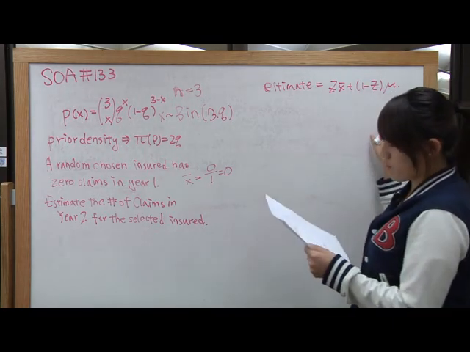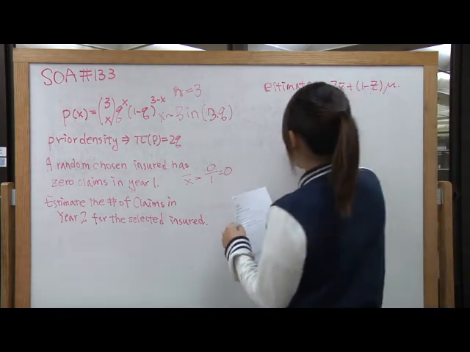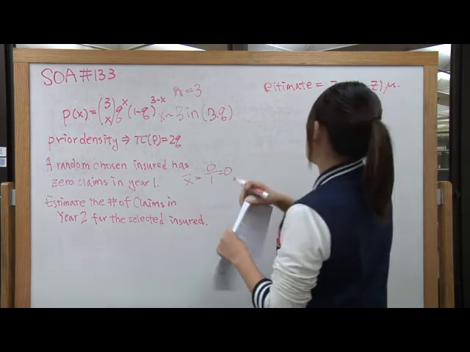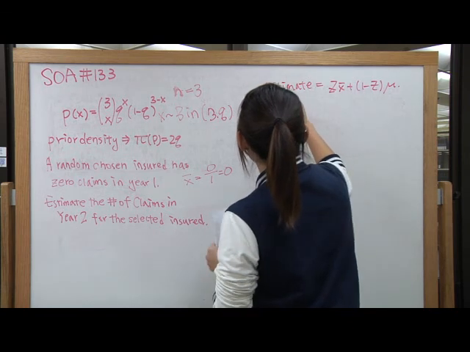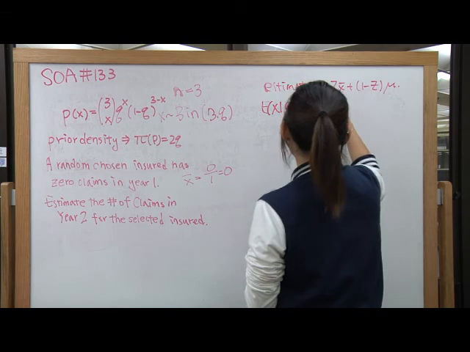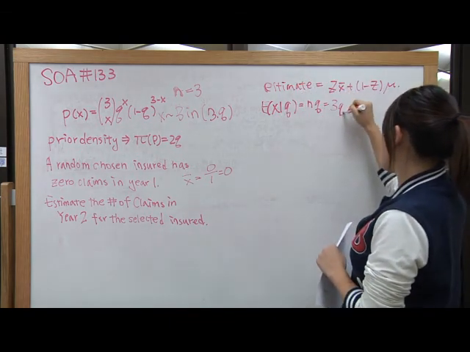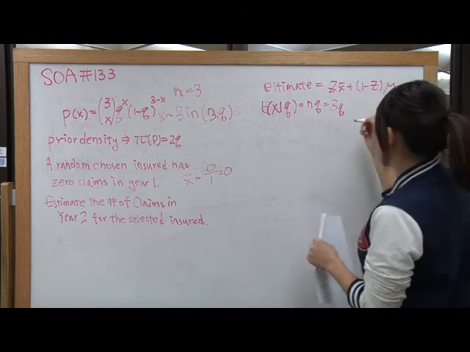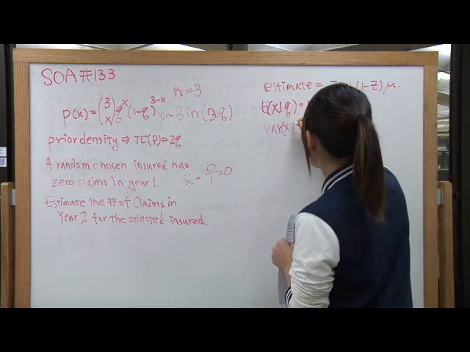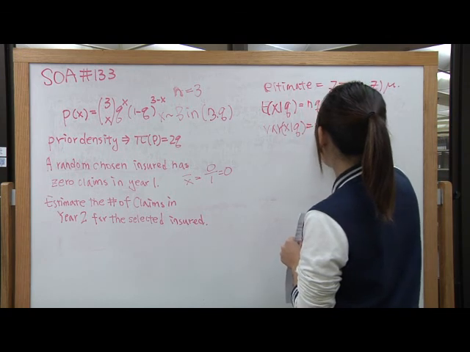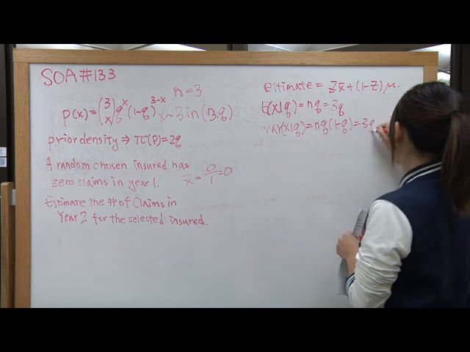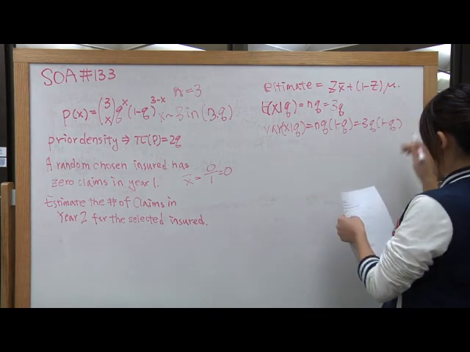so we have to find mu first, and we have the distribution function with the binomial distribution. The expected value of x given q is nq, which is 3q, because n equals 3. And then we need to find the variance of the given insured: nq times 1 minus q, which is 3q times 1 minus q.